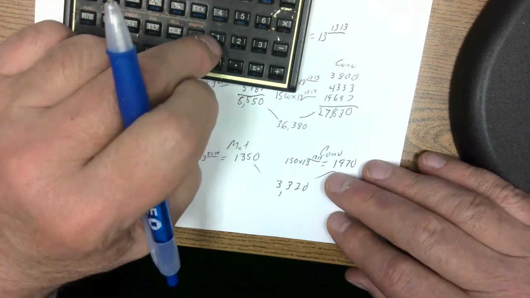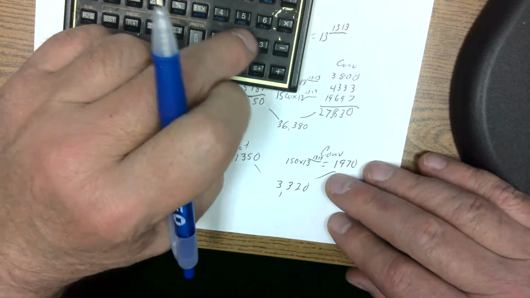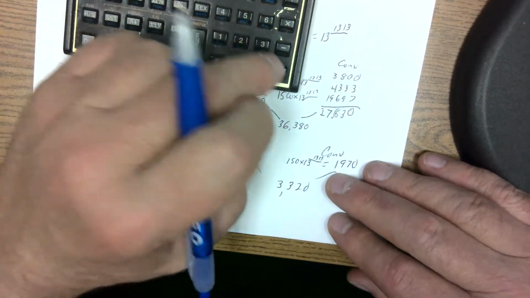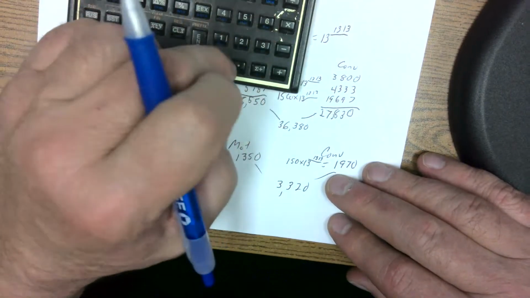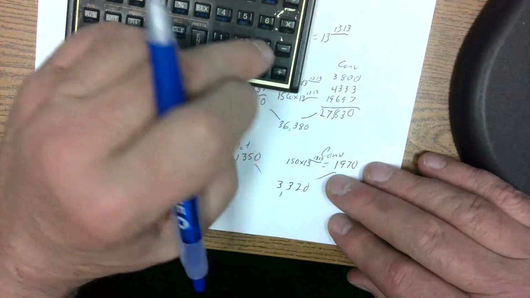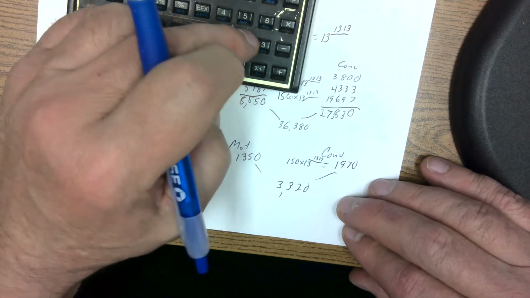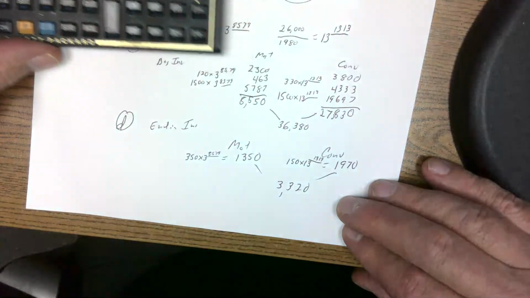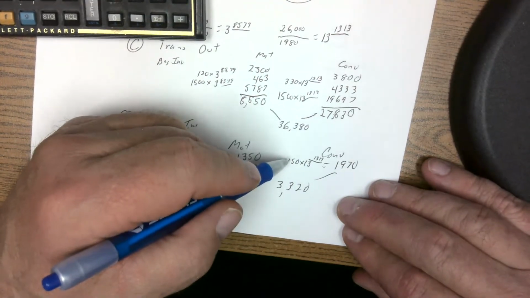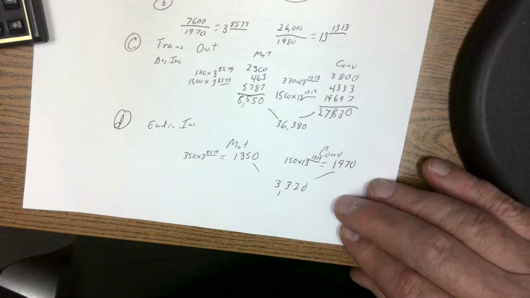And we've got 2,300 plus 3,800 plus 7,600 plus 26,000 plus 39,700. Yeah, 39,700. So we balance, and so we're good.